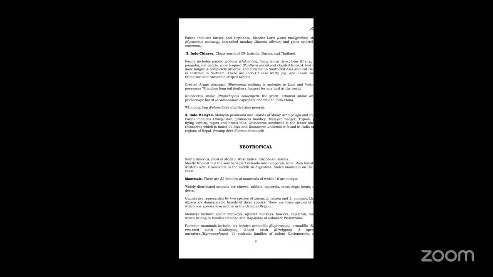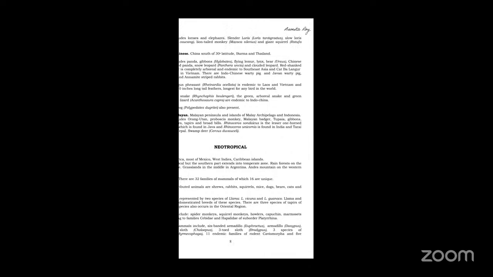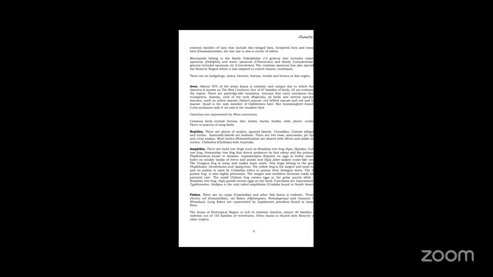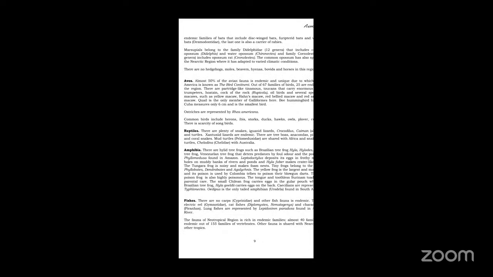Two-toed sloth is present. Three-toed sloth is present. Apart from that, three species of anteaters and 11 endemic families of rodents are also present, and 5 endemic families of bats, which include the disc-winged bats. So this is the fauna that is present.